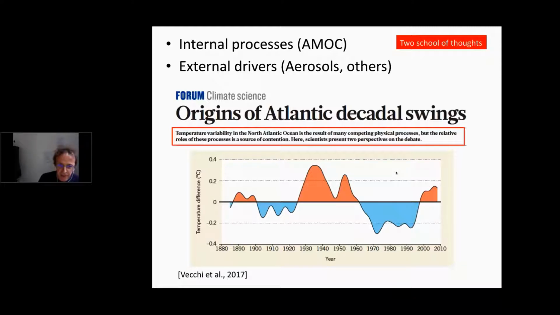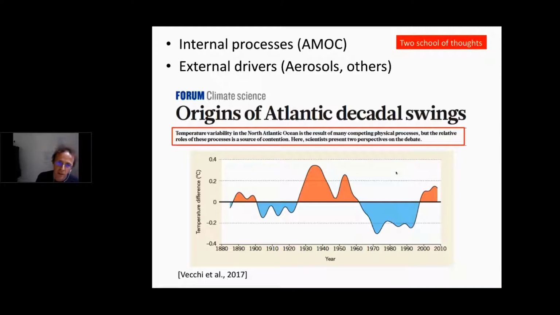In recent years, an alternative school of thought has emerged, relating in particular to the most recent part of the record, the latest decades. Several studies point to a possible implication of external drivers, where external means something exogenous with respect to the internal variability of the system.